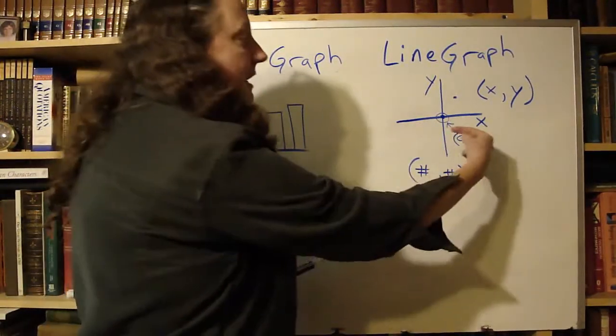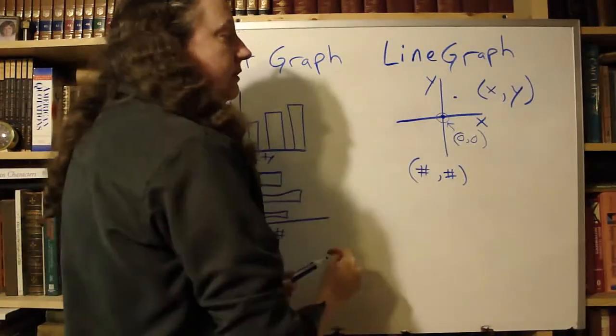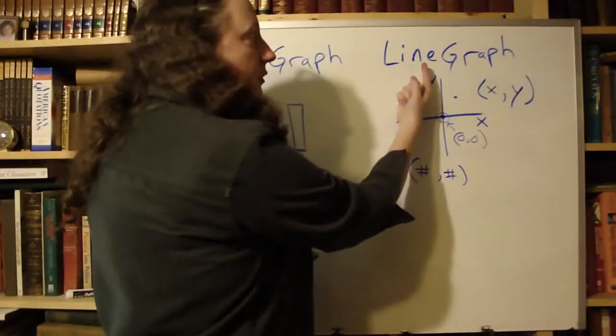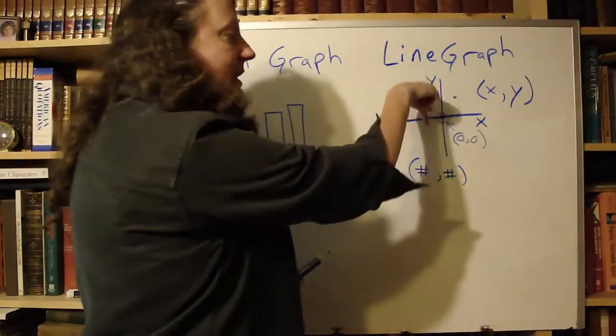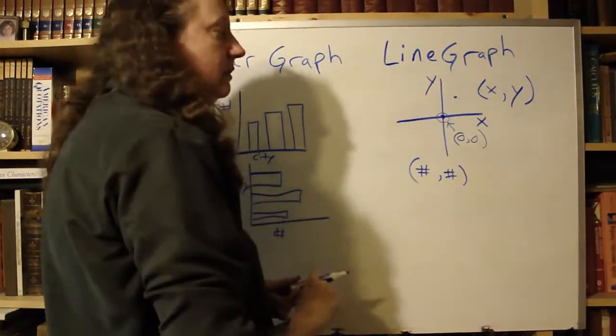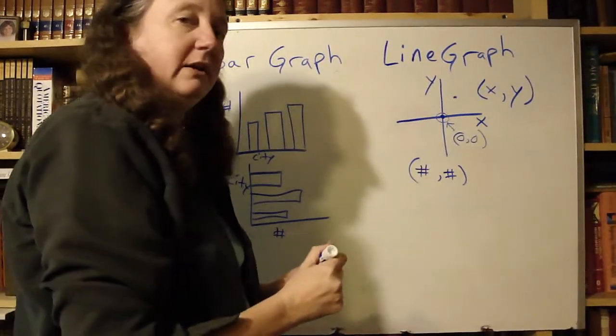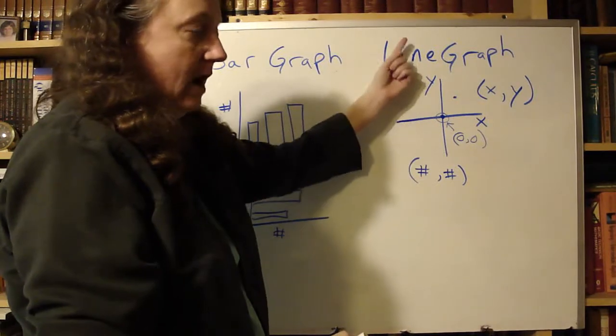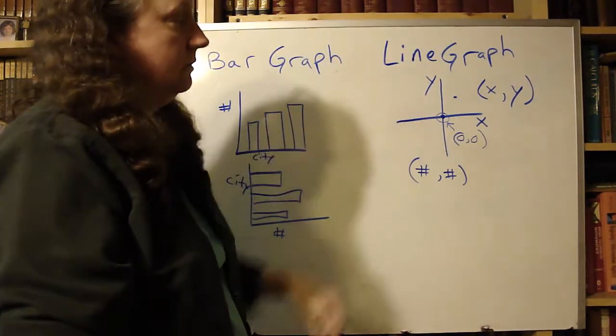If the number is negative, it's going to go to the left. If the number is positive, it goes up. If the number is negative, it goes down. Just like if you were reading a temperature scale. Up and down, positive, high, negative, low.